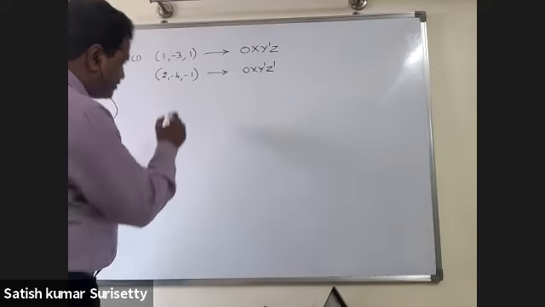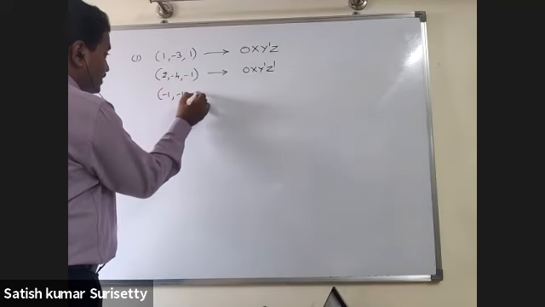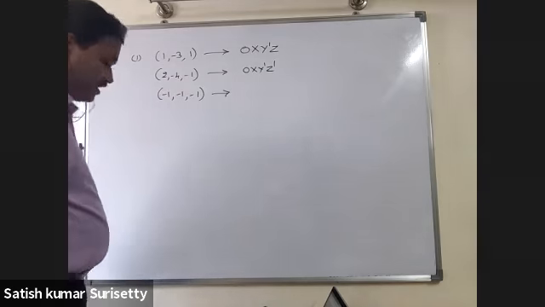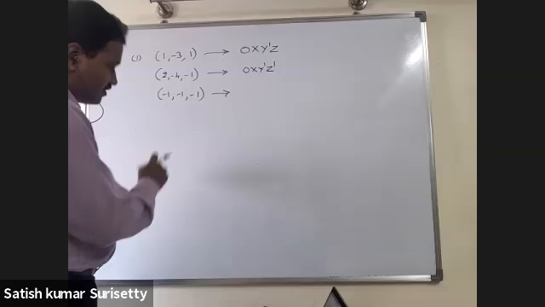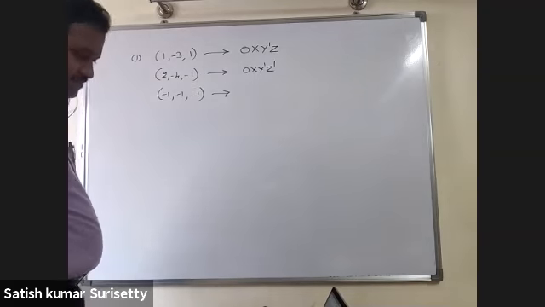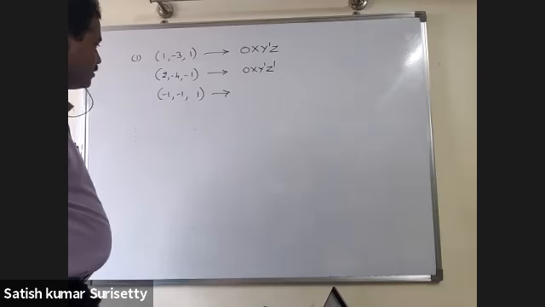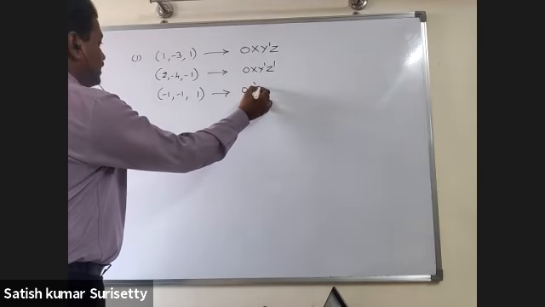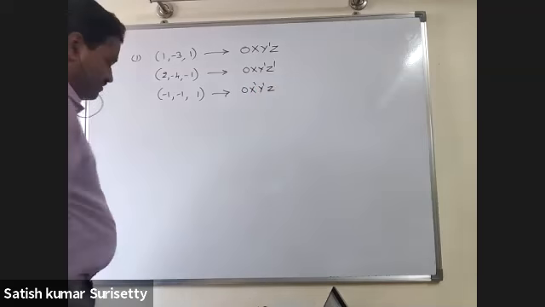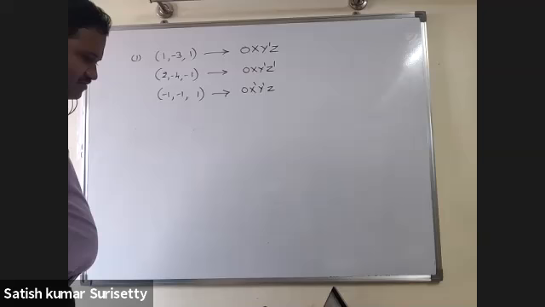What is the next one? -1, -1, -1. So what is the octant of this correspondingly? What is the octant? OX dash Y dash Z. Tell me the fourth one.